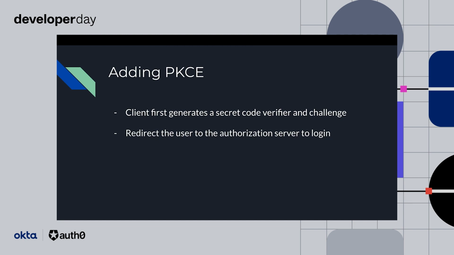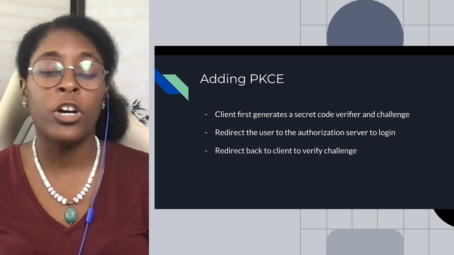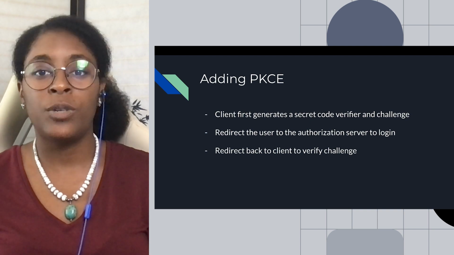And when they do click the login button, we generate that, we store it, and we redirect the user to the authorization server to log in. So this is where they'll put in their username and password, and then we redirect back to the client to verify that we have that same code challenge.